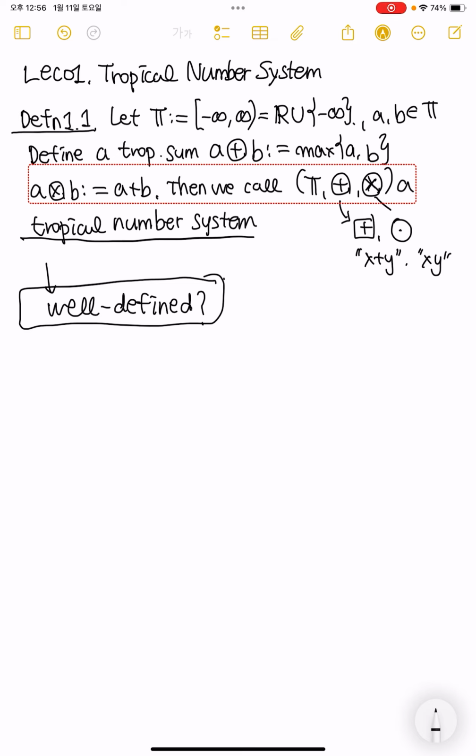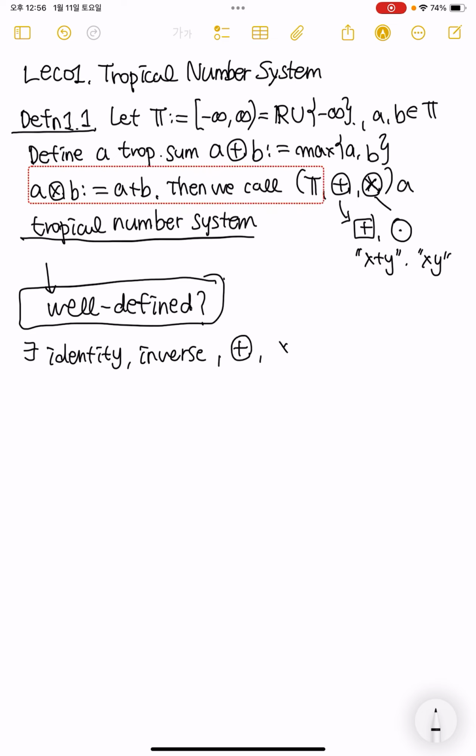To check well-definedness, one standard basis is to check the existence of the identity and inverse for each operation.